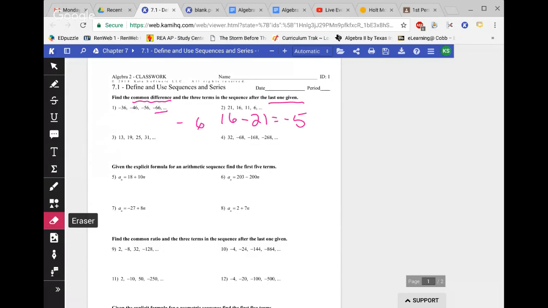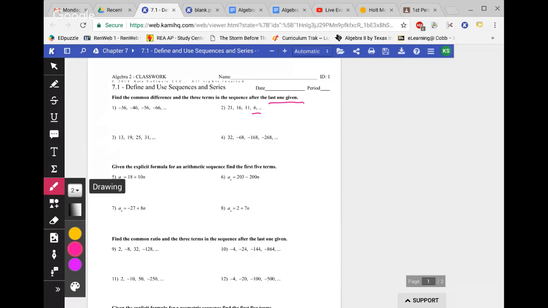To find the next 3 terms after the last one given, which is 6, if you take 5 away from 6, you end up with 1. If you take 5 away from 1, you end up with negative 4. And if you take another 5 away from negative 4, you'll have negative 9. So that's how you do those. Does that seem a little clearer?